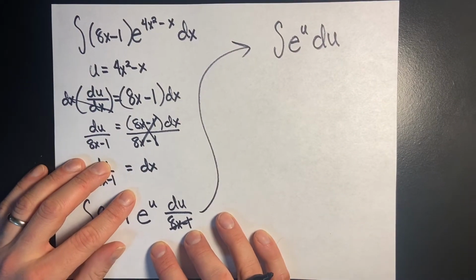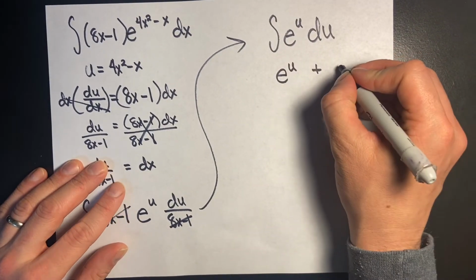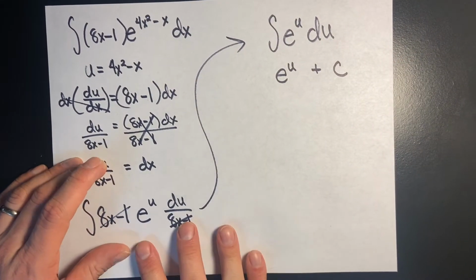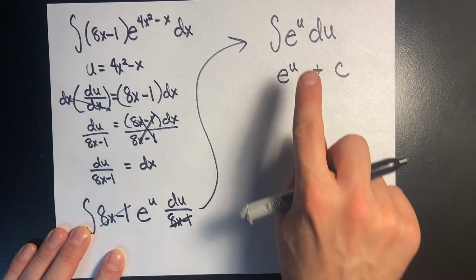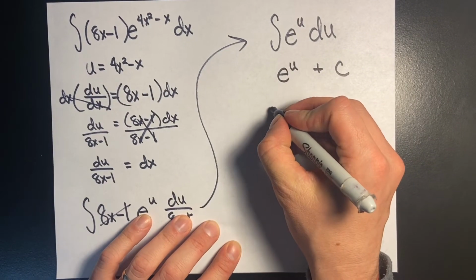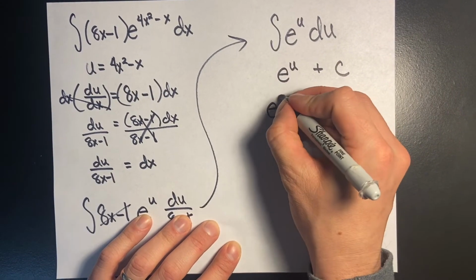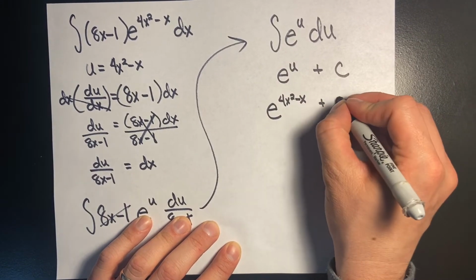The integral of e to the u is e to the u plus c. Now, in the original problem, did you see any u's? No. So I have to turn u back into that guy. So my final answer is e to the 4x squared minus x plus c.